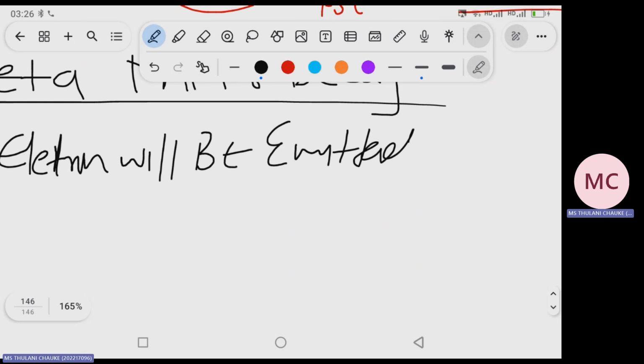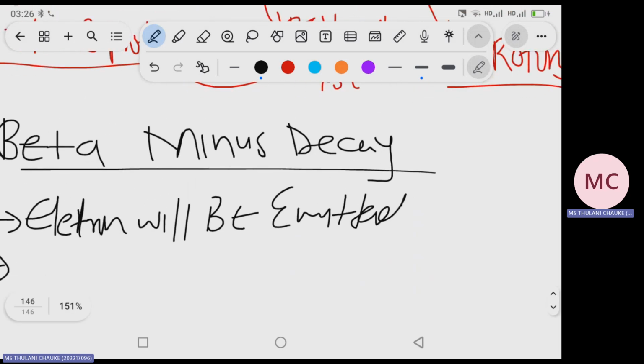This one is represented by beta, and the electron will be emitted, so this one will be e, and that one will be minus.